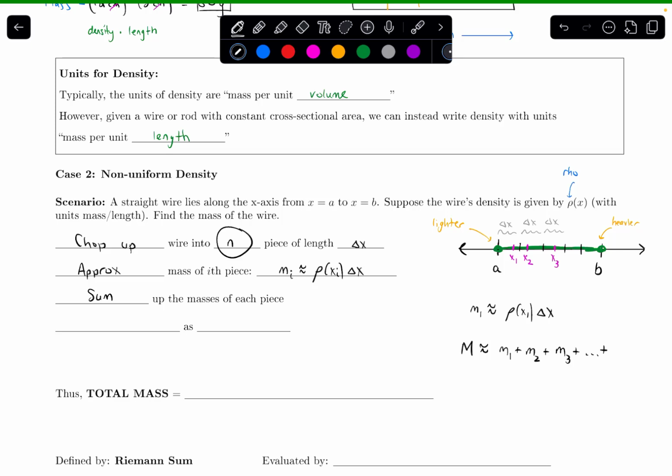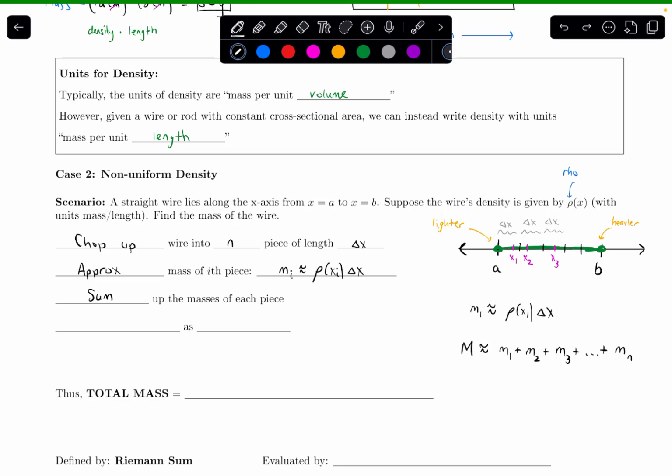I'm splitting it into n pieces, so the last one is M subscript n. So far, this is just an approximation.